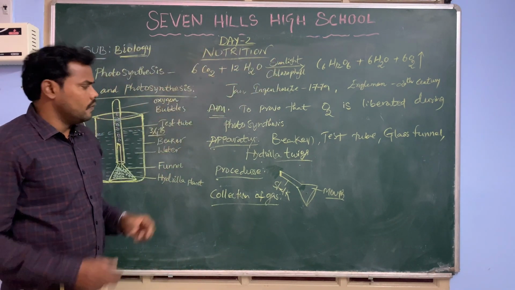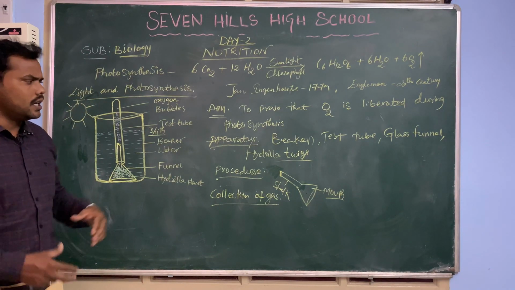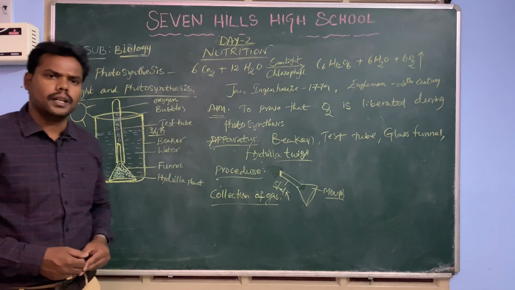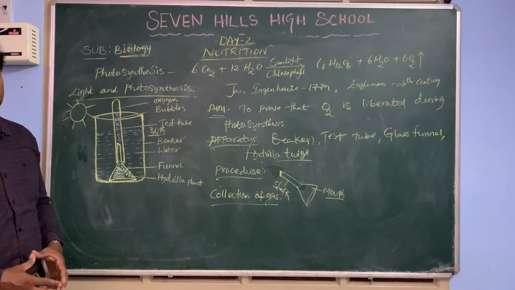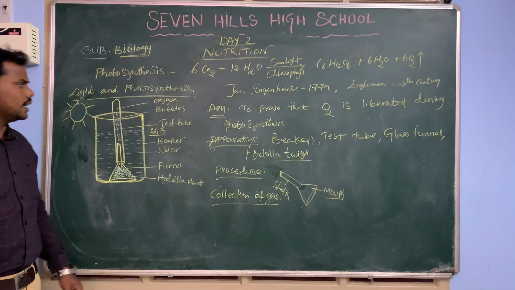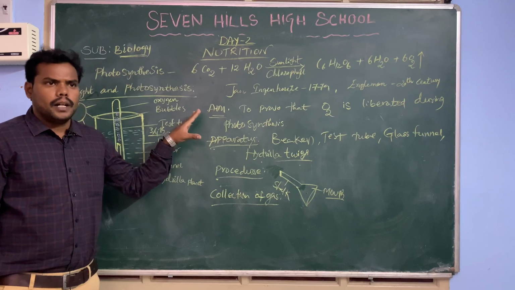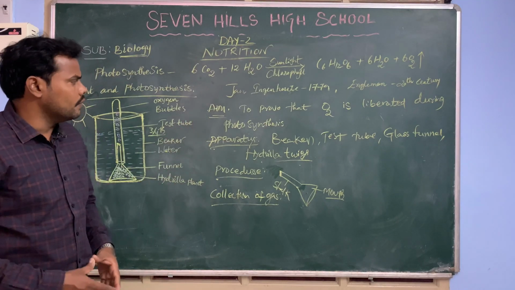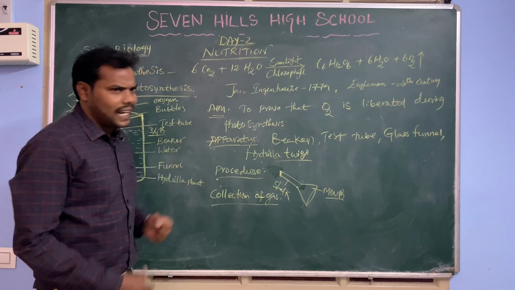Whenever we observe the importance of sunlight, there are a lot of things to observe. First of all, oxygen is released, which we are studying here. To prove the importance of sunlight, we are going to perform a lab activity.